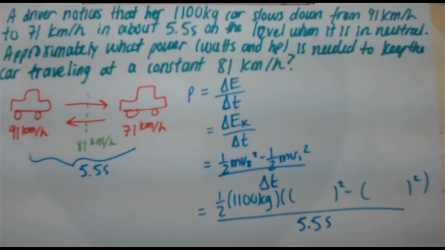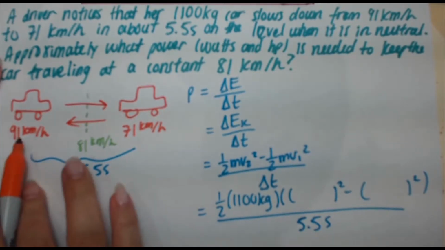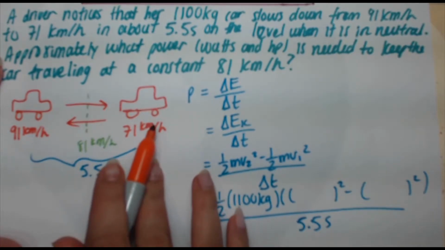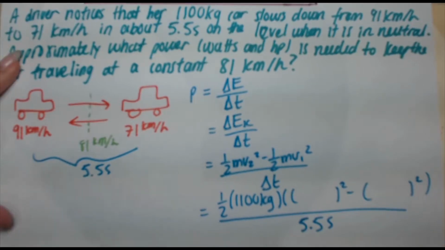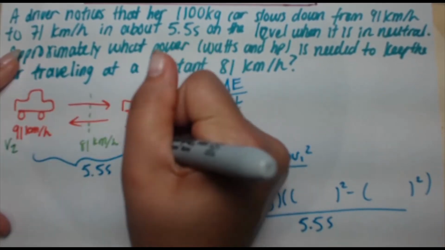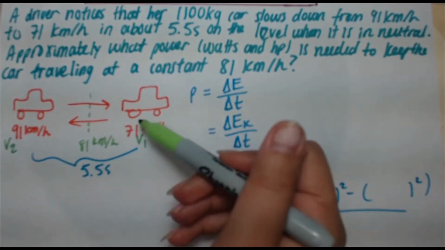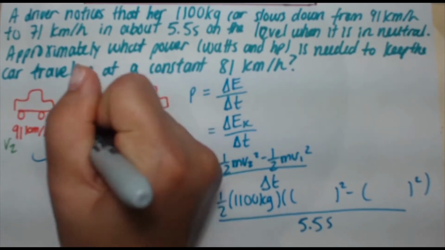We have to express it in meters per second. Remember, the scenario is not now that we're going from 91 to 71. We're at 71, and we're trying to get back up to 91. So V2 is going to be 91 and V1 is going to be 71 this time, because we're now using this path to go back.